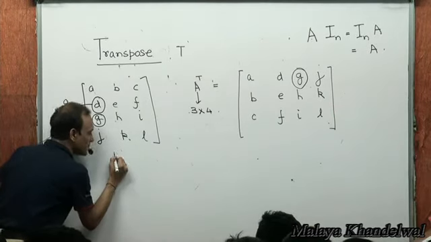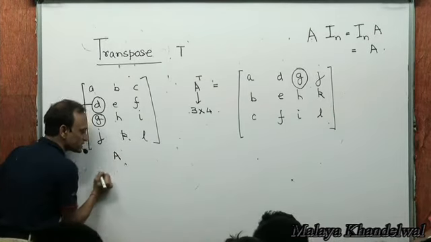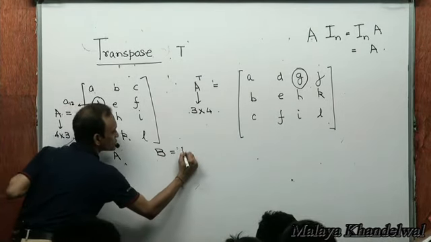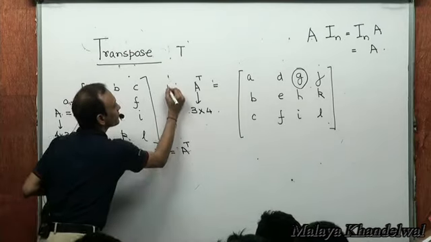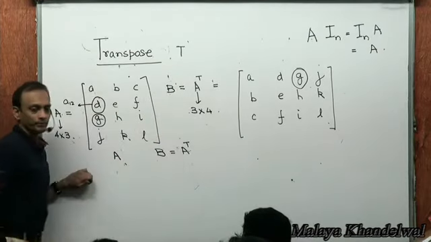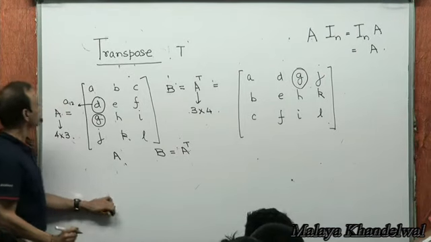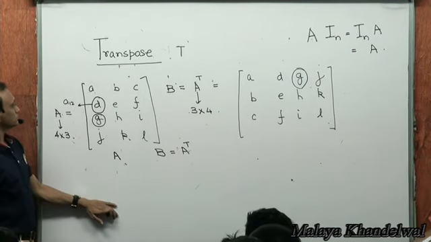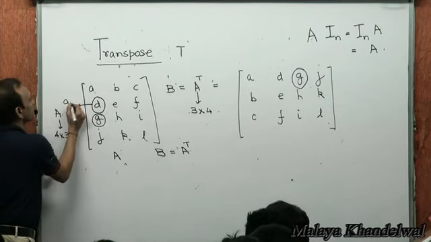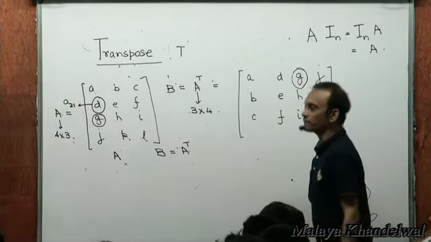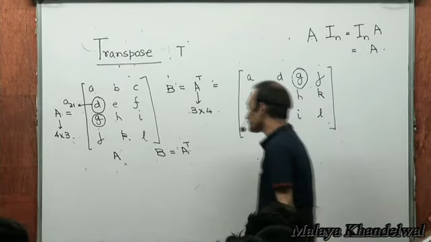So if A is a matrix and B is a matrix which is the transpose of A, then A21, second row, first column, right?